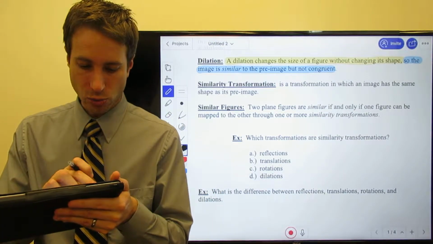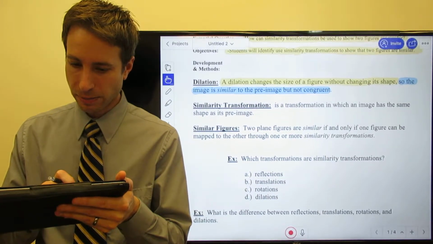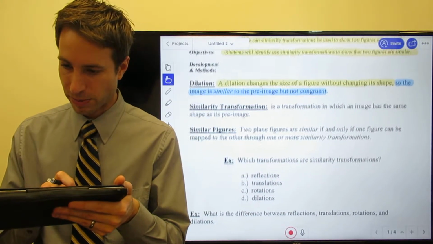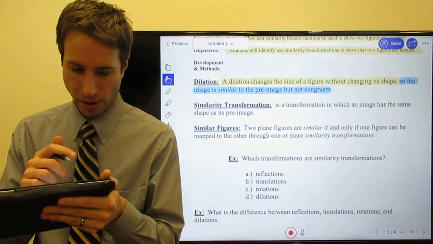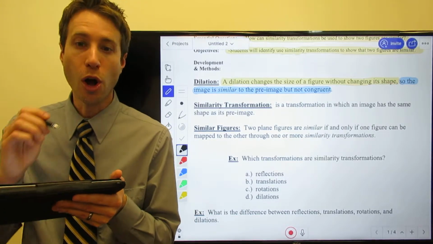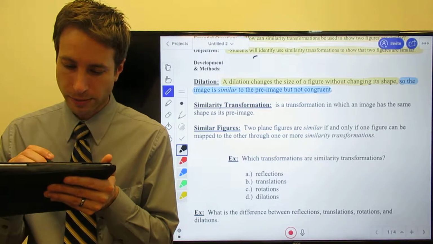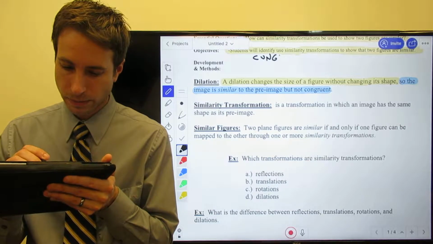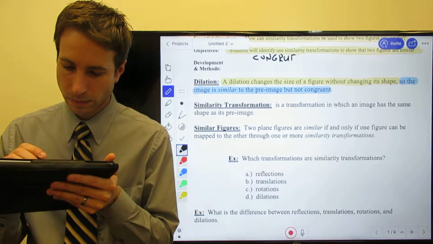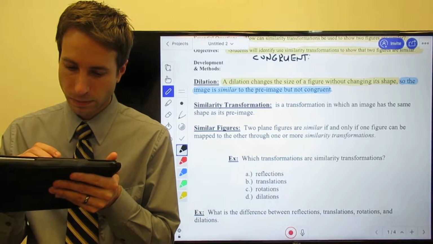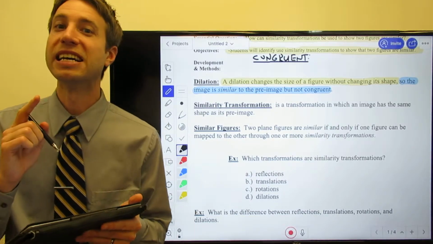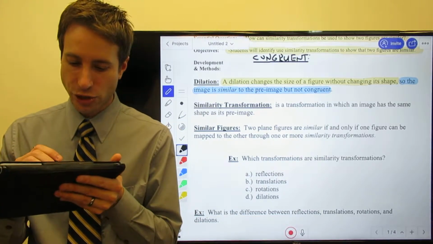So, let me write here where I've got a little bit of space. Probably right there is going to work. Remember that congruent is going to be same size and shape.